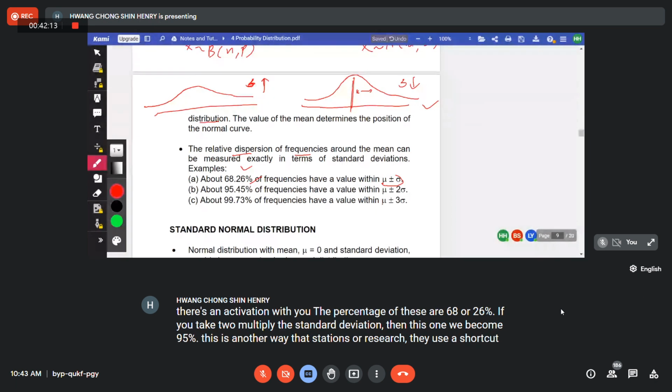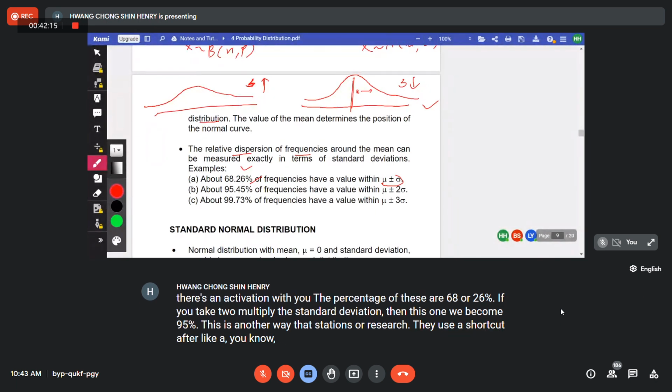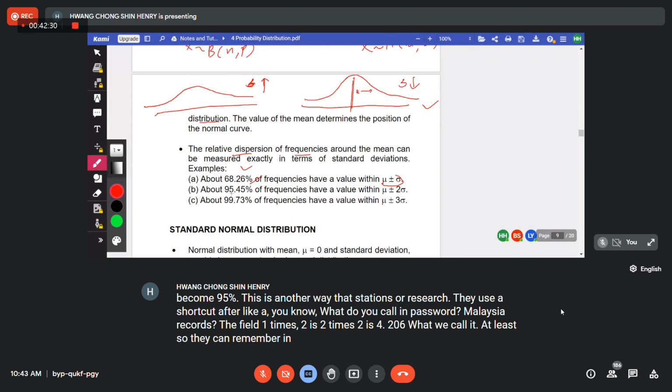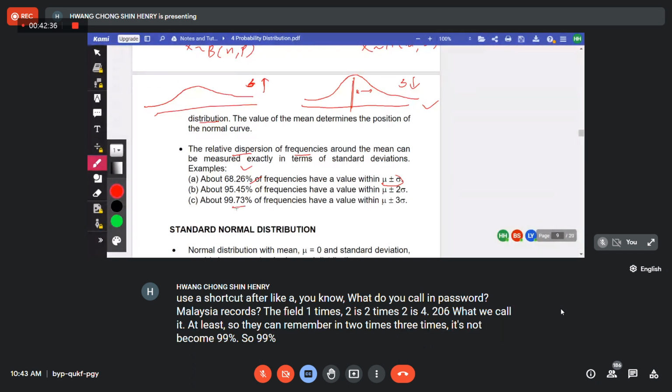This is another way where statisticians or researchers use a shortcut, like what we call in Bahasa Malaysia, CFA. 1 times 2 is 2, 2 times 2 is 4, 3 times 2 is 6. So they can remember, 2 times becomes 95%, 3 times becomes 99%. 99% is almost 100%, very accurate.